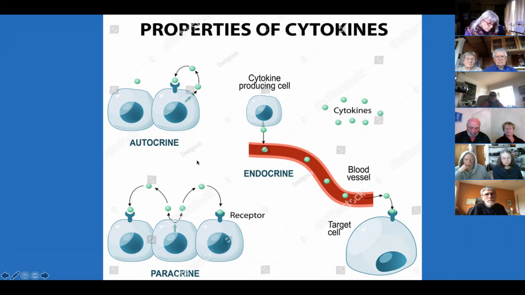Now, in a perfect world, this is how cytokines work. One way to think about it is, let's say Rusty and Barry have gone to the theater, and Barry remembers something that he wants to tell Rusty before he forgets, and so he turns to her and he whispers in her ear.